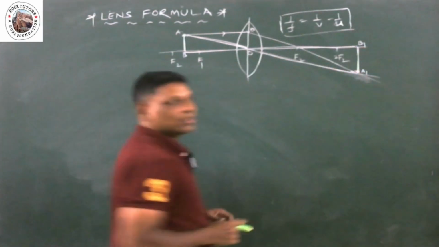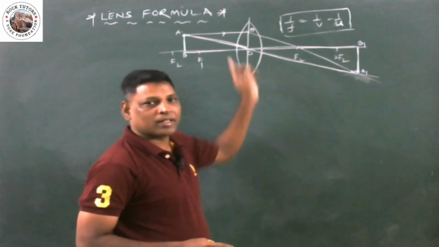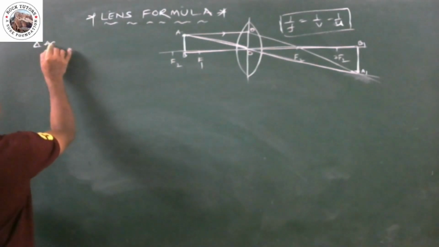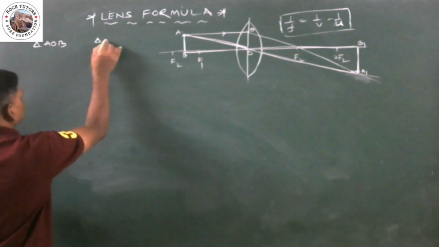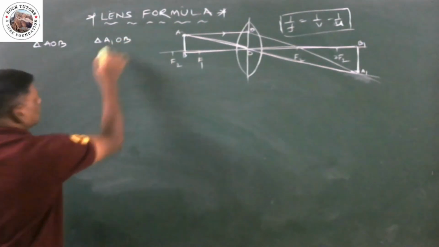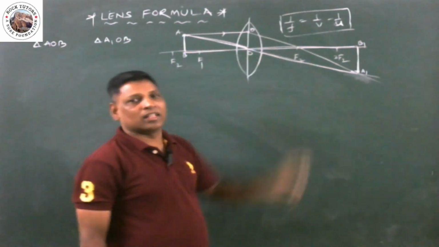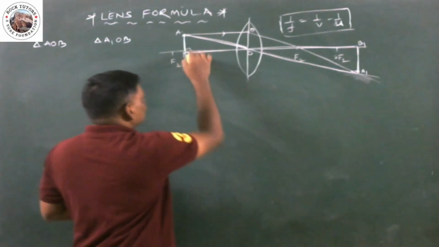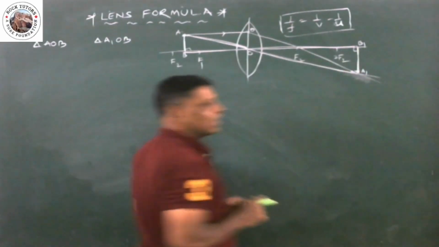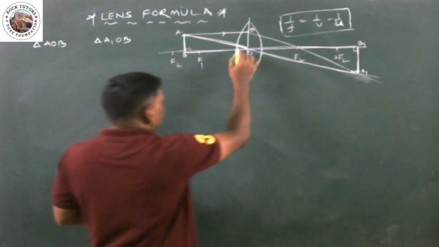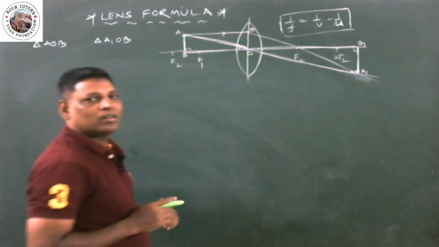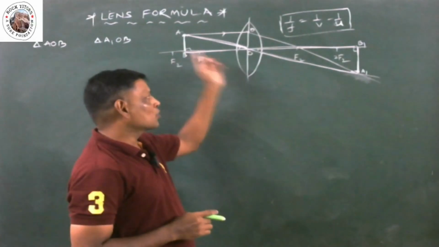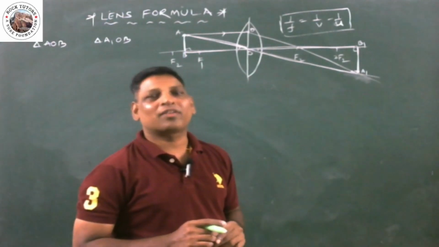These two triangles, AOB and A1OB1, are similar. You know that this angle and this angle are both 90 degrees, and this angle is equal to this angle, vertically opposite angles. So these two triangles are similar triangles.